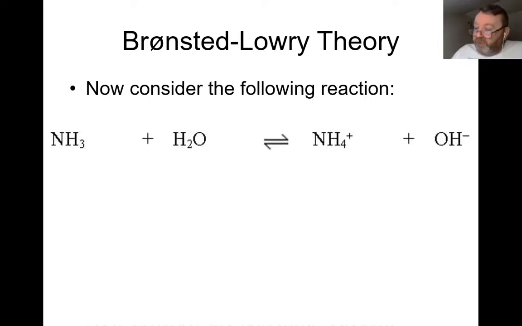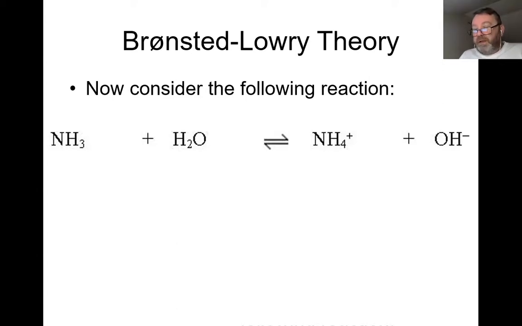Now, consider the following reaction. Let's take a look at this one. NH3 and H2O give NH4+ and OH-. I want you to think for a couple of seconds. Who has donated the H+ and who has accepted the H+?